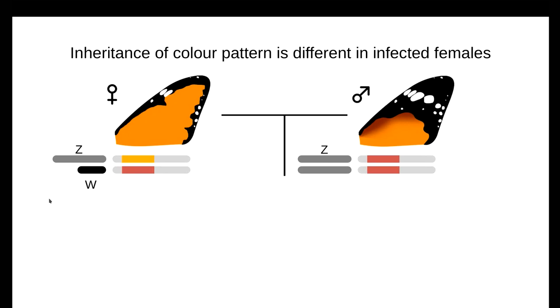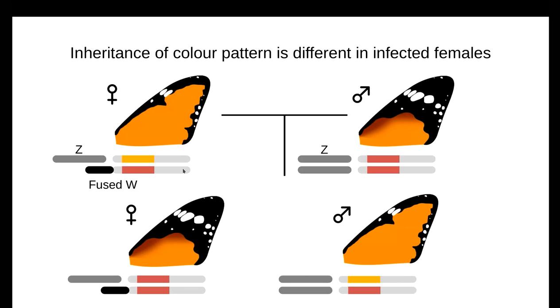And the hypothesis is that this W has become fused to one of the copies of our color pattern chromosome, chromosome 15. And specifically a copy that's carrying this recessive allele. And that means that when they produce daughters and sons, the daughters, by definition, will carry this recessive allele because the W is what creates the females.